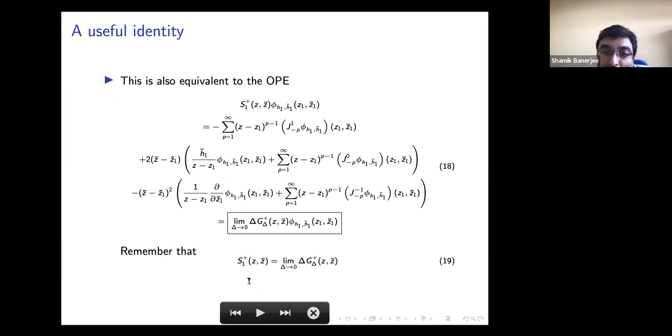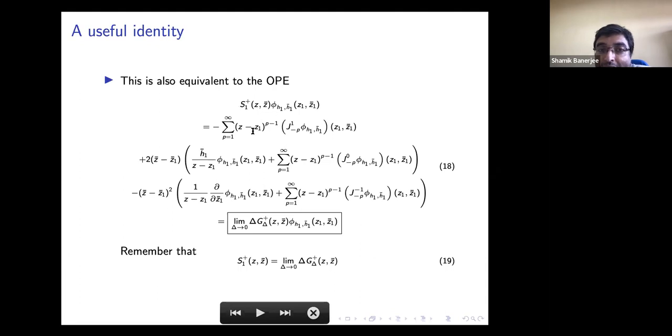In other words, S1 plus ZZ bar is essentially this object, G plus delta ZZ bar, a positive helicity graviton with a scaling dimension delta, and S1 plus ZZ bar is defined in this way. So this is actually the first example of an OPE.